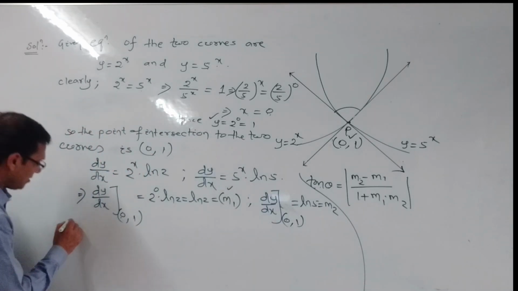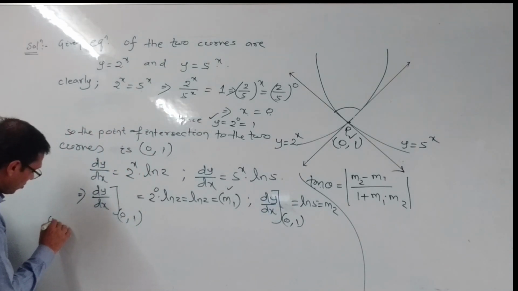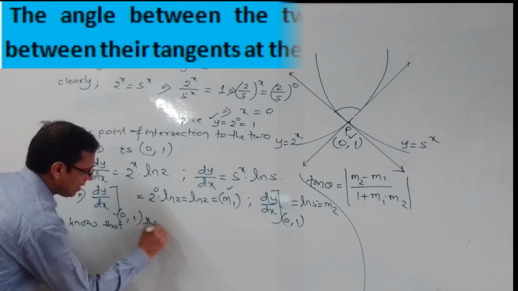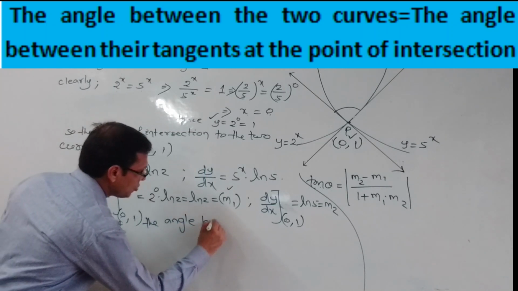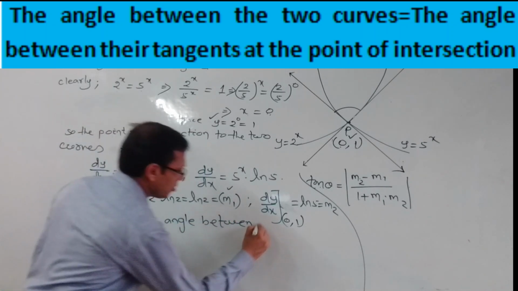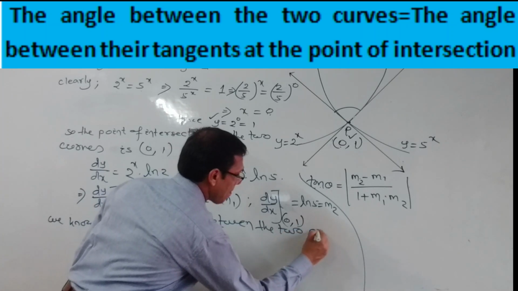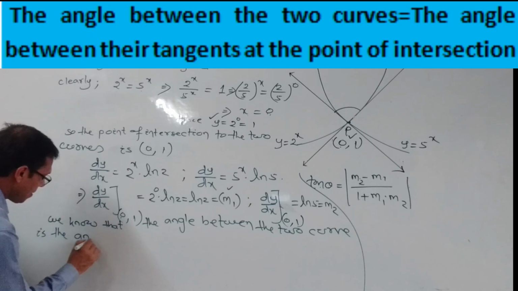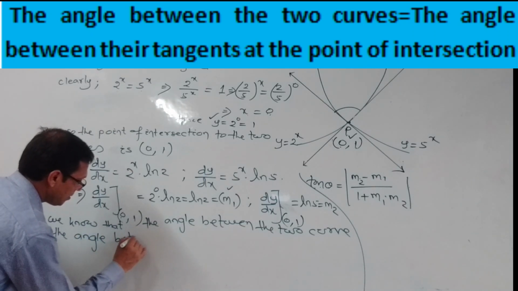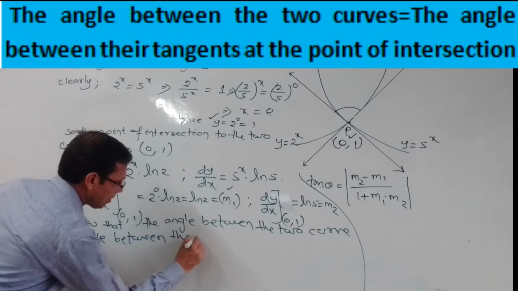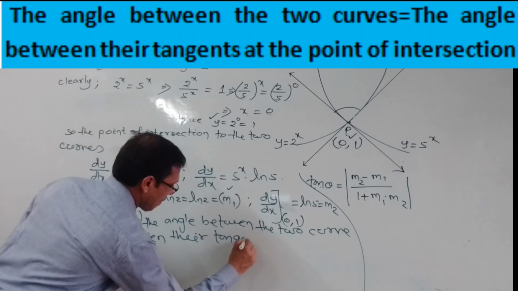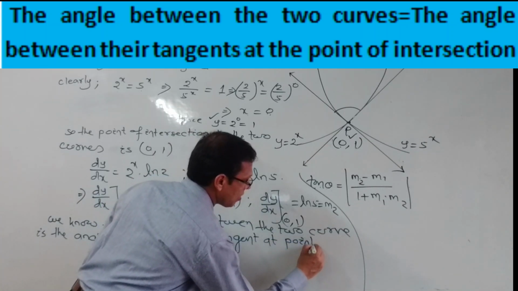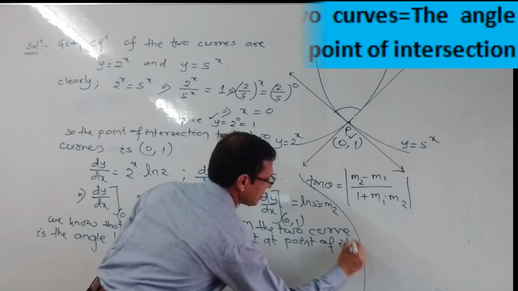So you will write here: we know that the angle between the two curves is the angle between their tangents at the point of intersection.